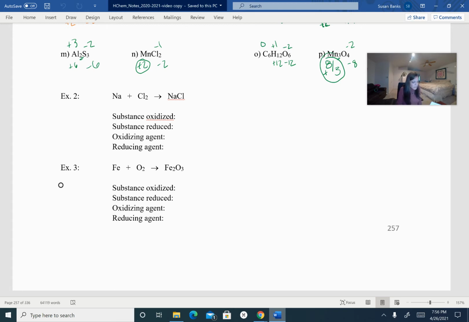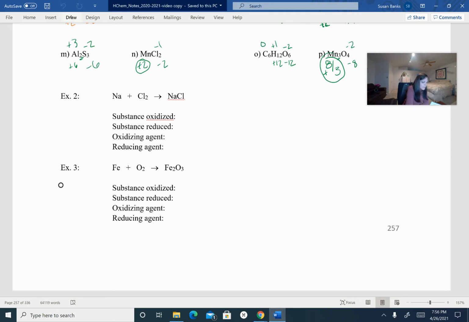We've got our first example. We've got sodium and chlorine getting together to make sodium chloride. Now remember, anything that's in the elemental state is going to have an oxidation state of 0. So that means sodium in the elemental state and chlorine, as we see it as Cl2 in the elemental state, are going to have oxidation states of 0.